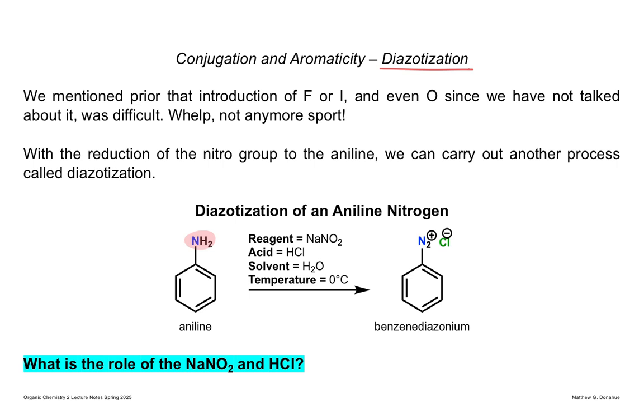We call it a one pot or one reaction process, but it has two distinct steps to it. The first step is making this thing here, which is called an aryl diazonium salt.